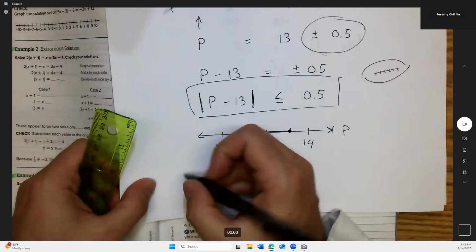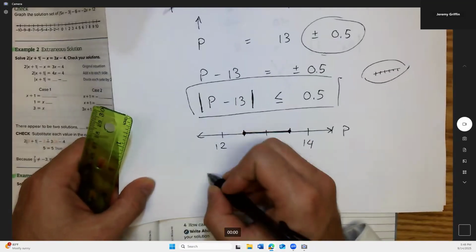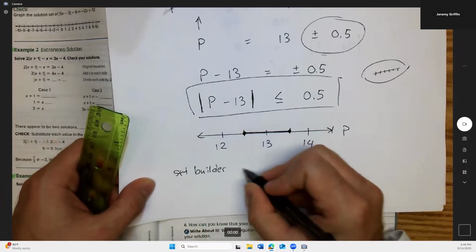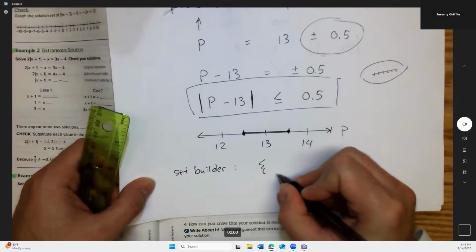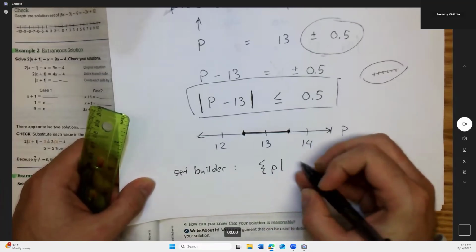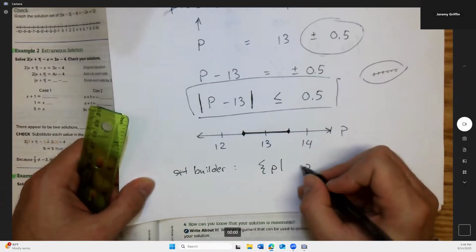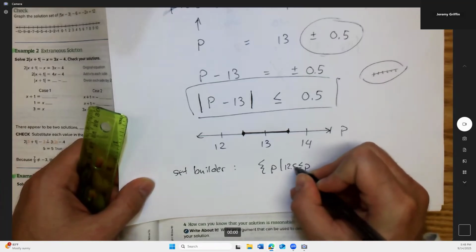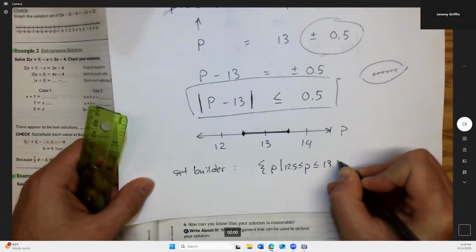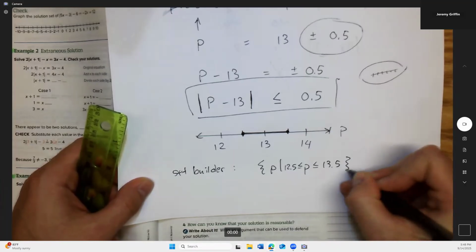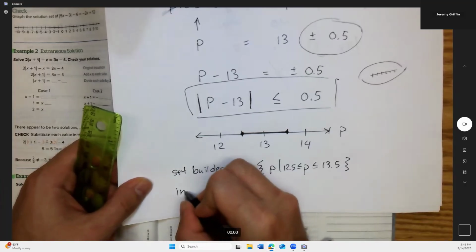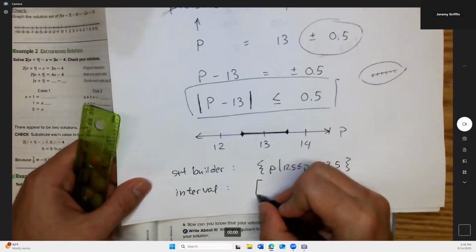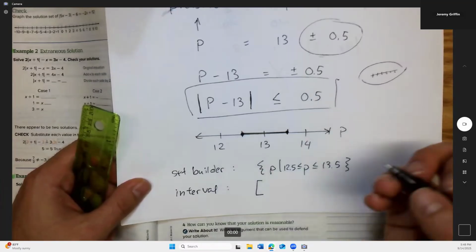Now let's do a domain. In set builder notation, you could write it as pressure such that pressure is greater than or equal to 12.5 and less than or equal to 13.5 psi. And in interval notation, I'm going to use these little square brackets because it's allowed to keep these endpoints.